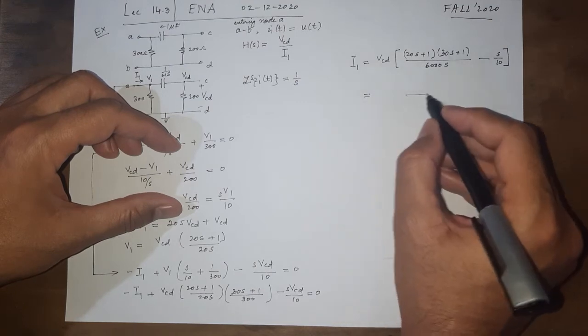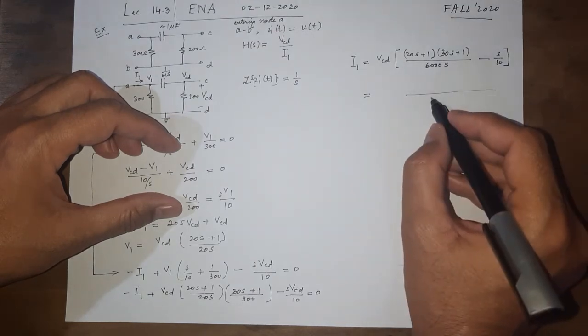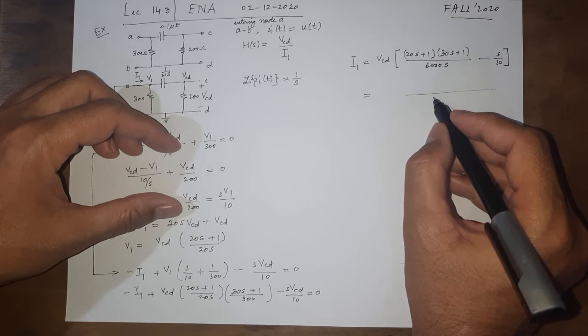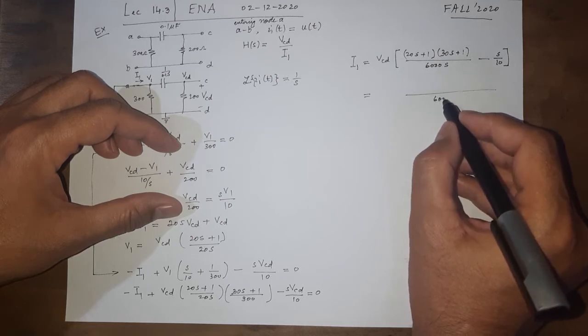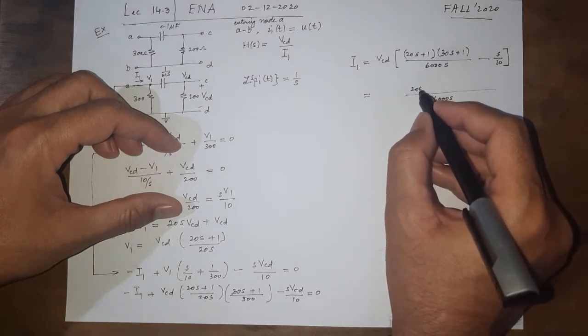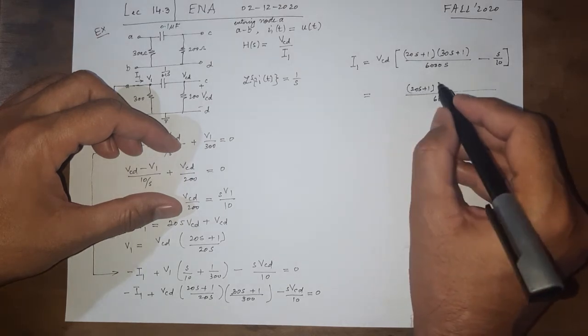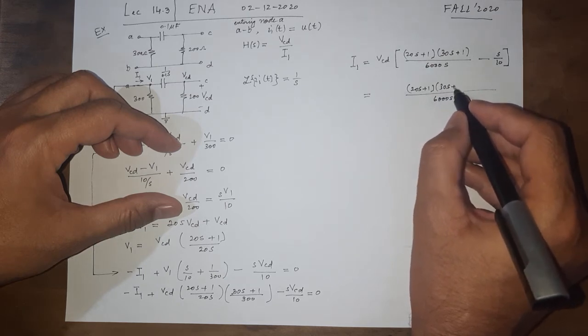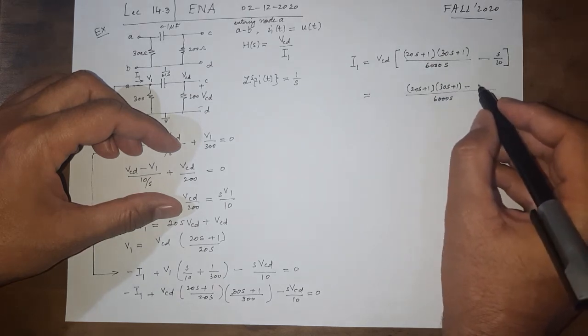So let us simplify this thing. 6000 S, 20S plus 1, 30S plus 1 minus 600S.